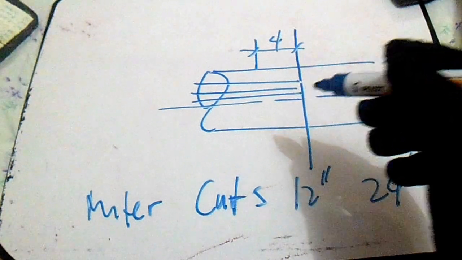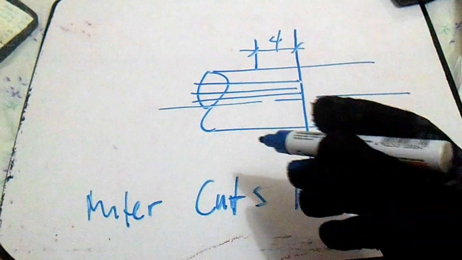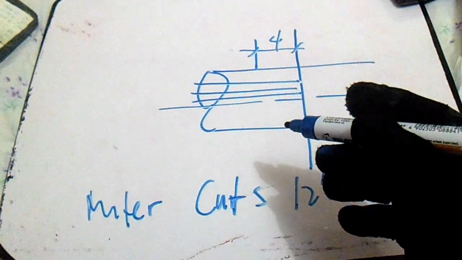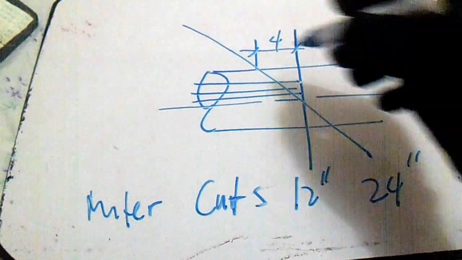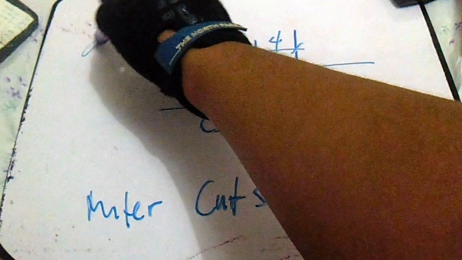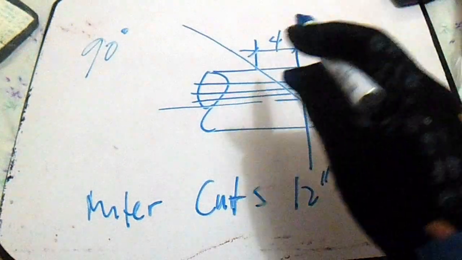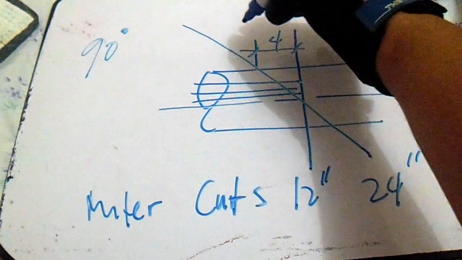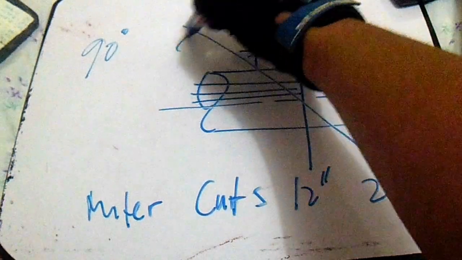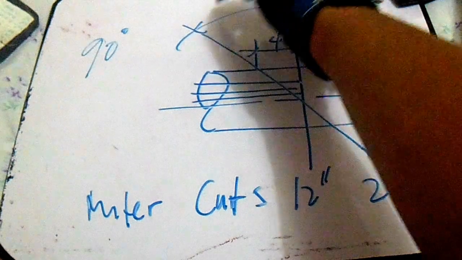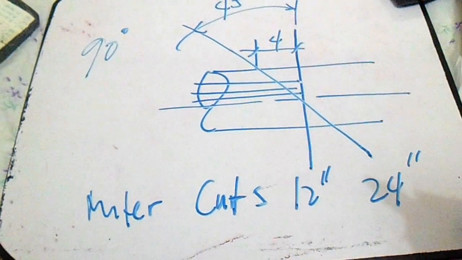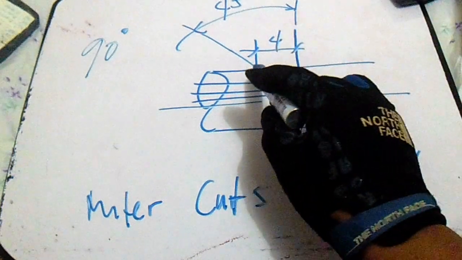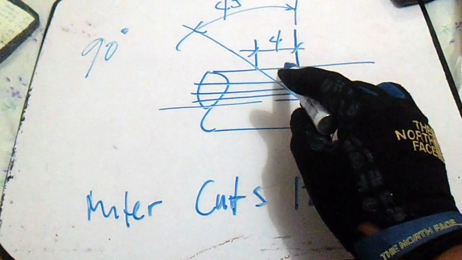The degrees of cut are equal to 1/2 the degrees of turn desired. So let's say this is a 90 degrees turn. We have a 1/2 degrees of turn, so this is 45 degrees.